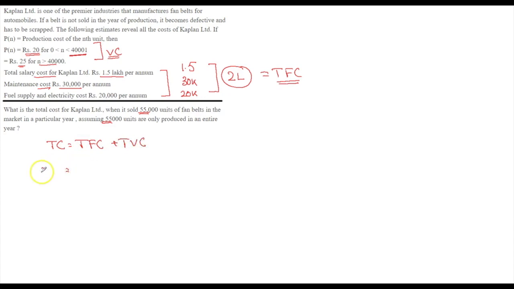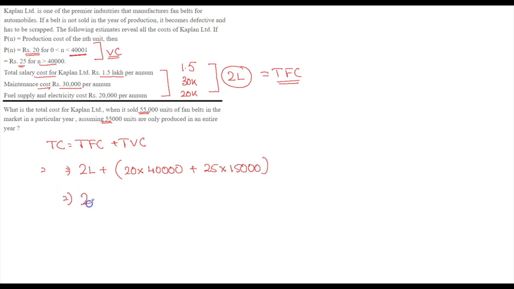Now, the total fixed cost is equal to 2 lakh rupees and the total variable cost is 20 for the first 40,000 products and 25 for the next 15,000 products.